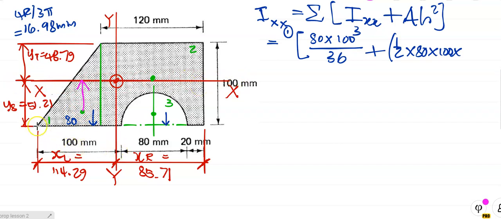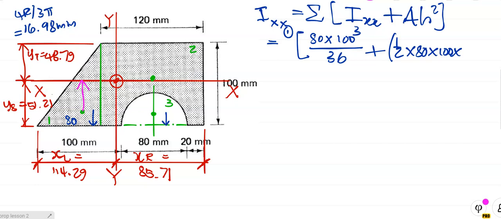Can we work it out? Yes, we can. It's y bottom minus that distance over there. And how far is it from there to there? It's 1/3 of 100. So I'm going to work it out quickly, and you do the same. It is 51.21, take away 100 over 3, and I get 17.88.